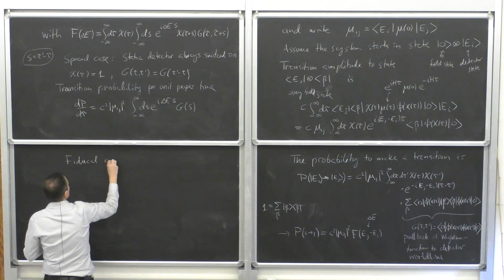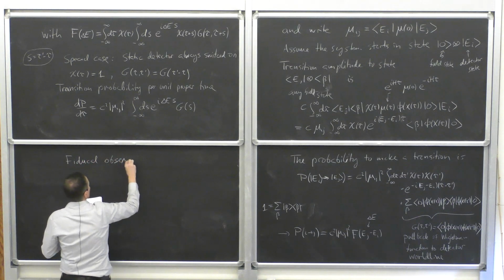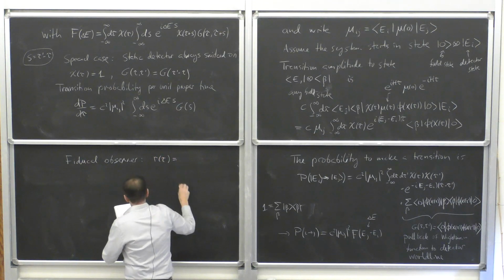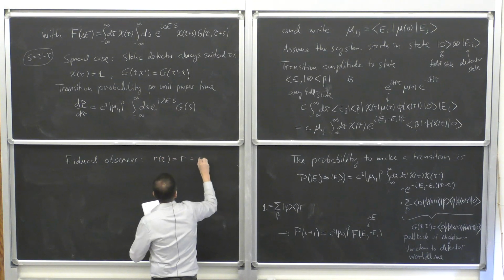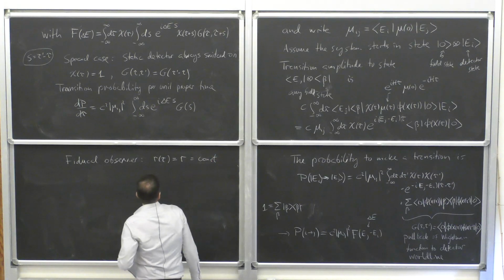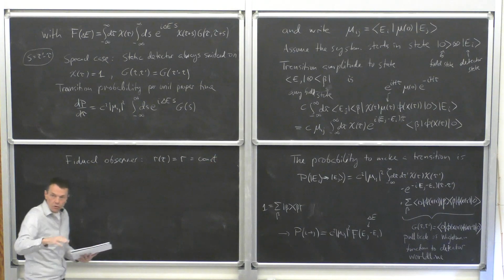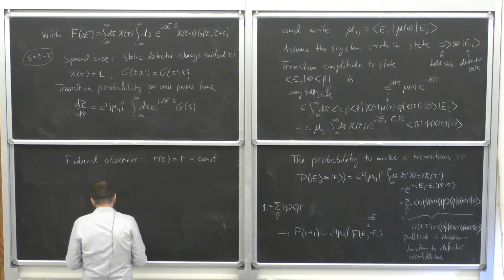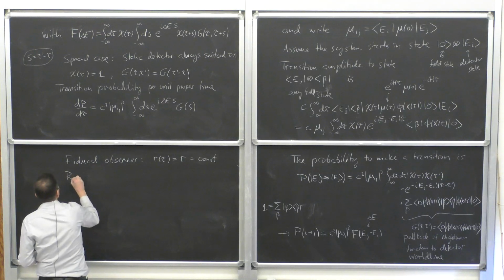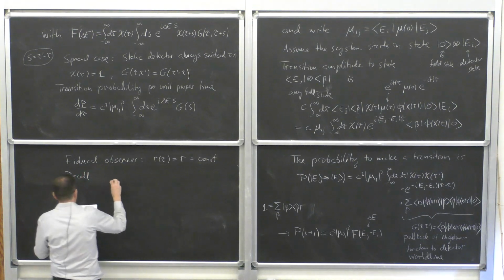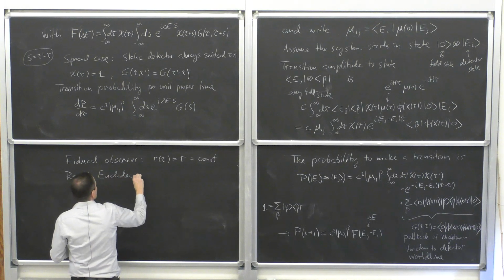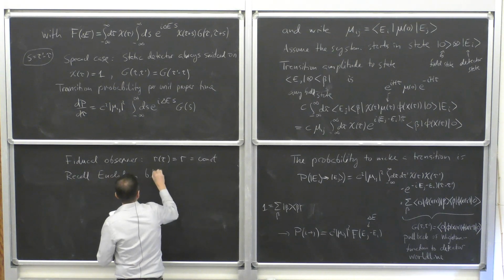The fiducial observer has basically r of tau equal to r, which is a constant. Theta and phi are also constant, and the only thing that's progressing for that observer is, of course, its time. And then let's recall the Euclidean black hole geometry.